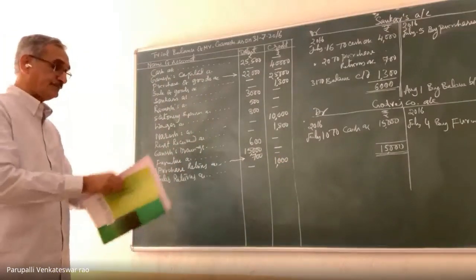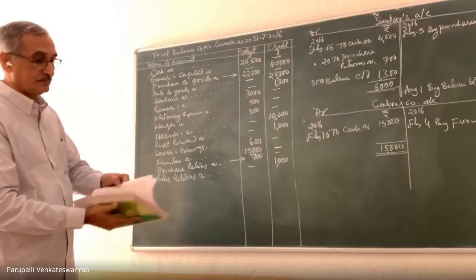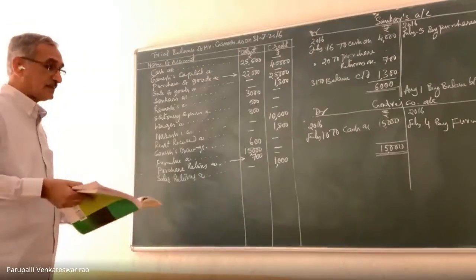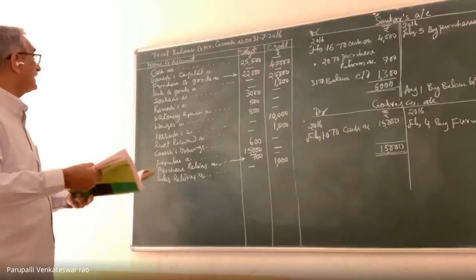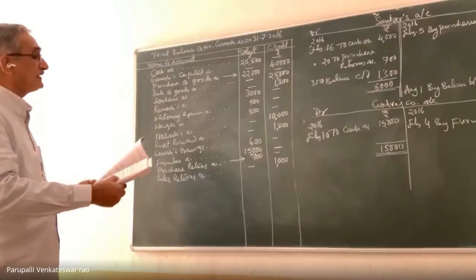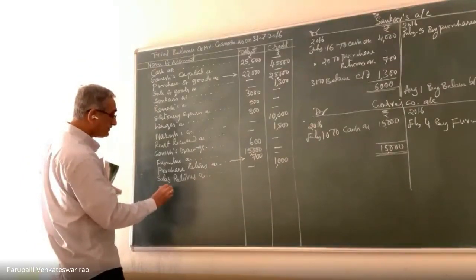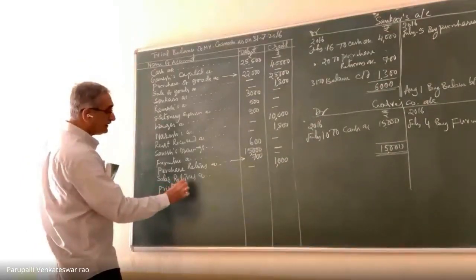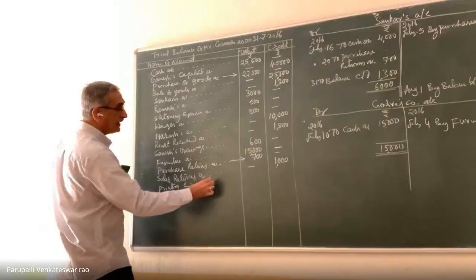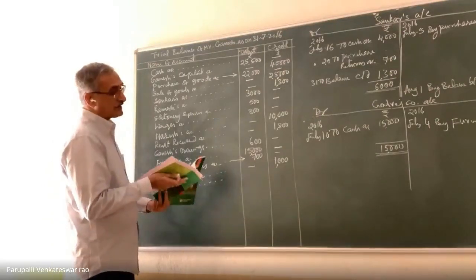Next one. Printing expenses account. It is rupees 900.